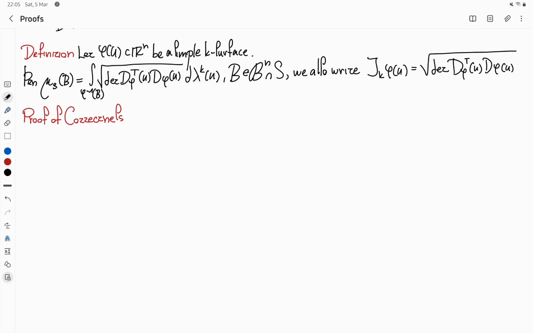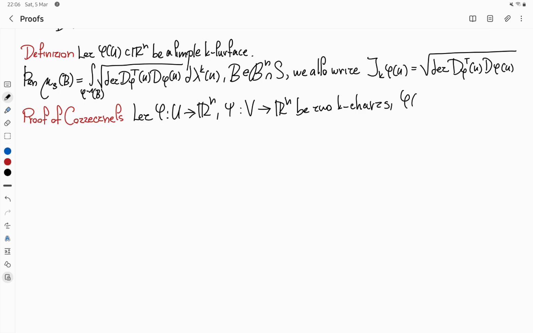Well, we begin exactly as one might expect. So let phi be mapping some set u into the n-dimensional real space, and psi mapping some set v into the n-dimensional real space, both k charts.